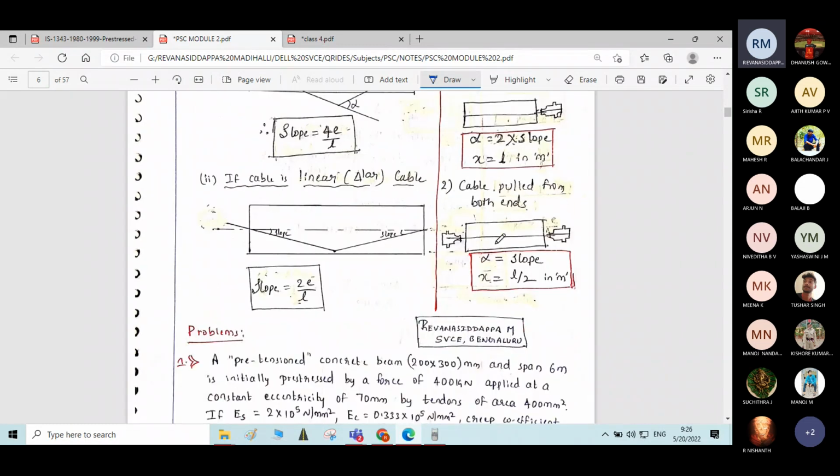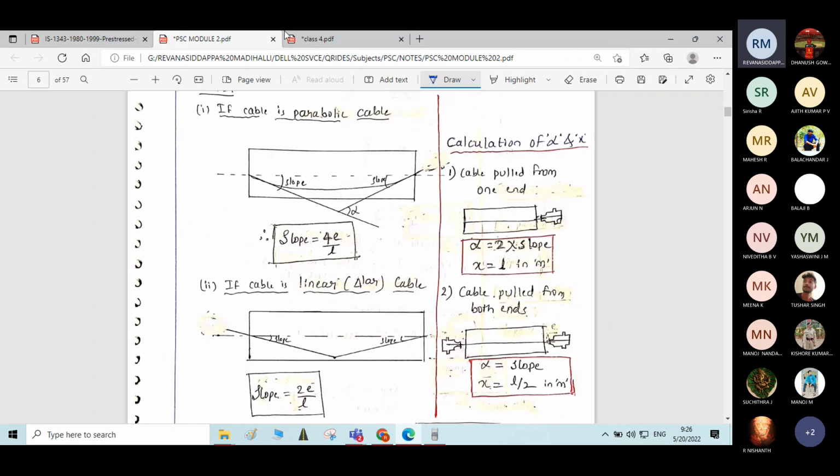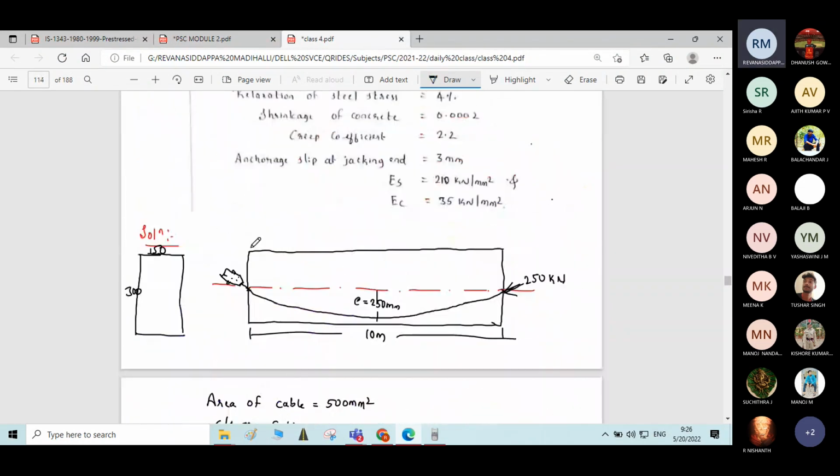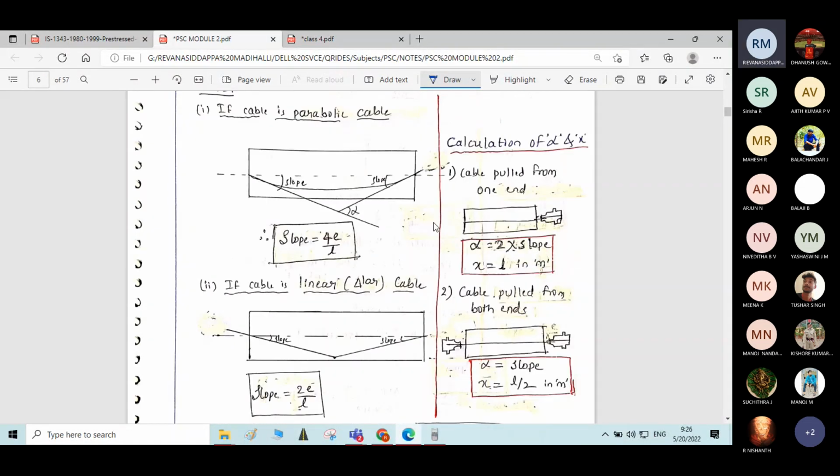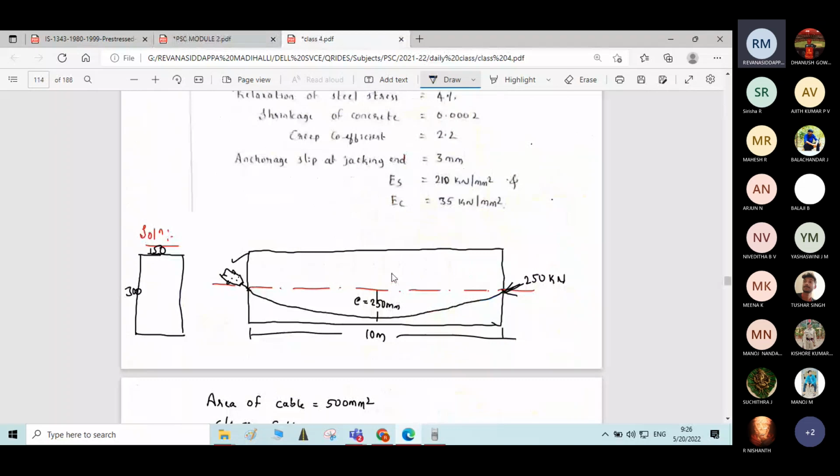If the cable is pulled from both ends, alpha will be equal to slope and x is equal to L by 2 in meter. Here the cable is pulled from only one end, so the first condition is applicable.